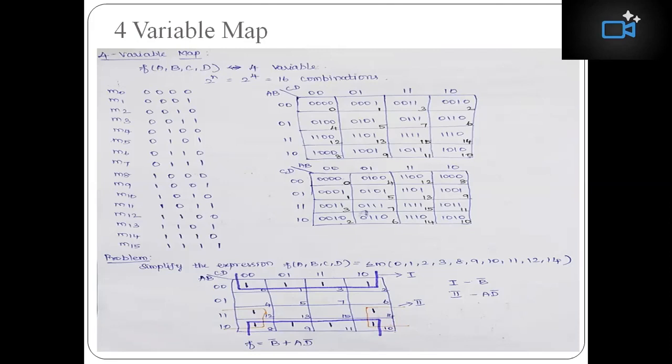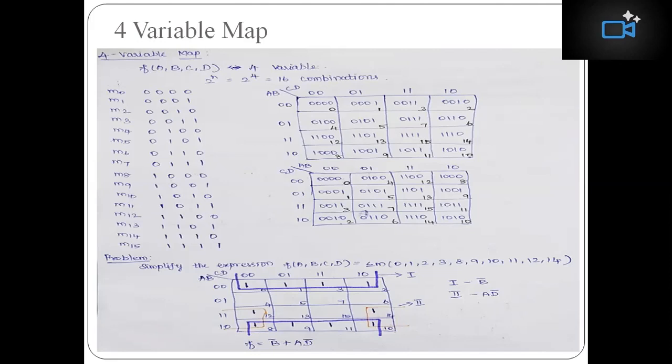Then in column 1, check the minterm locations 12 and 8, and in column 4, check the locations 14 and 10. These two in column 1, 12 and 8, are adjacent, and in column 4, 14 and 10 are adjacent.